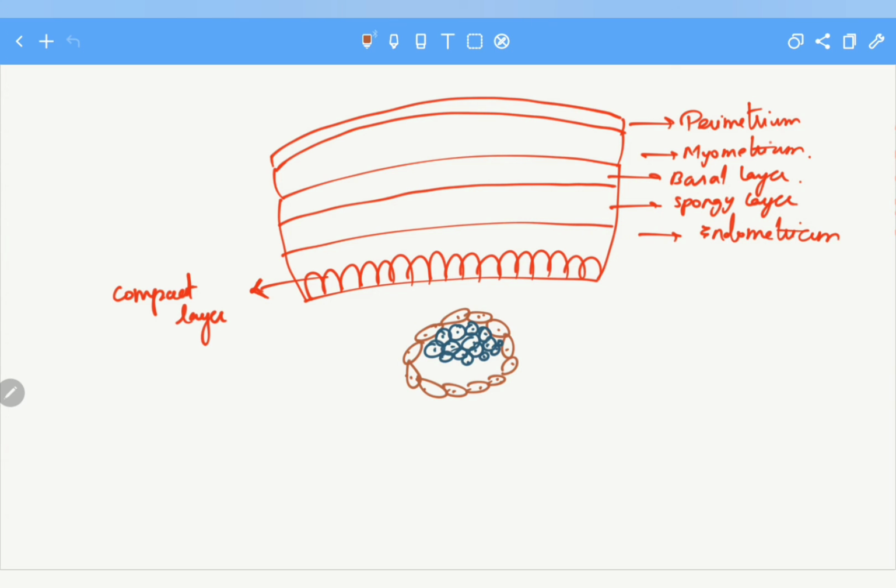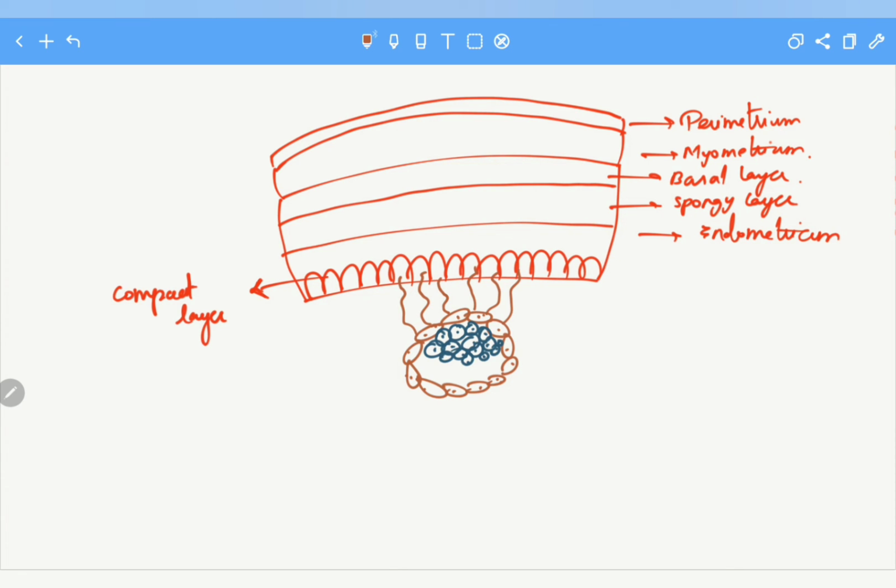Have you ever wondered how this blastocyst gets attached to the endometrium? It is by specialized molecules called selectins. It forms a hook-like structure. The receptors for selectins are located in the endometrial cells, right?